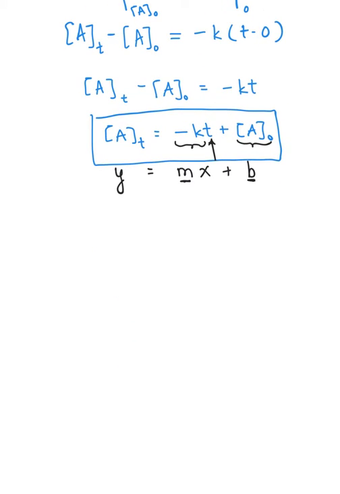We could sketch out a straight line for this integrated rate law, where along our vertical axis we have concentration of A at some time t, and along our horizontal axis we have time. We know that our y-intercept will be some initial concentration, and that initial concentration is greater than 0. Perhaps it's right about there. We know that our slope is negative because there's a negative sign out in front of our k.